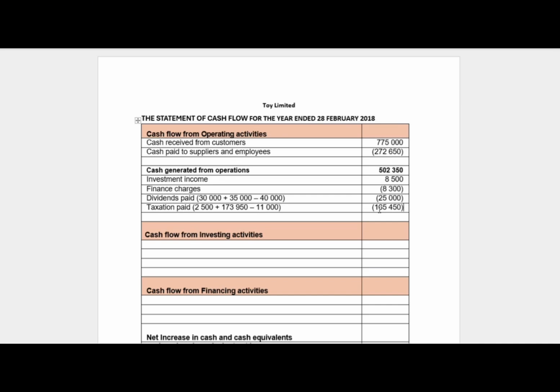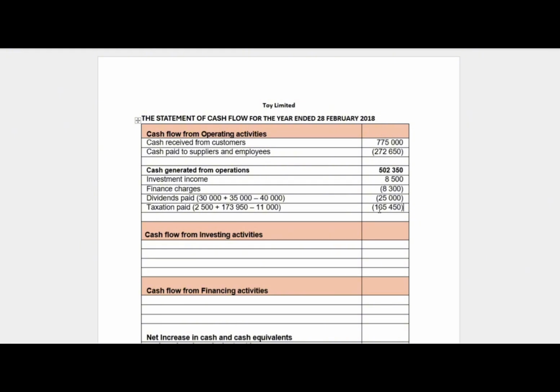So our cash flow from operating activities is going to be, we're going to say cash generated from operations of 502,350, and then we add our investment income of 8,500. We subtract our finance charges of 8,300.